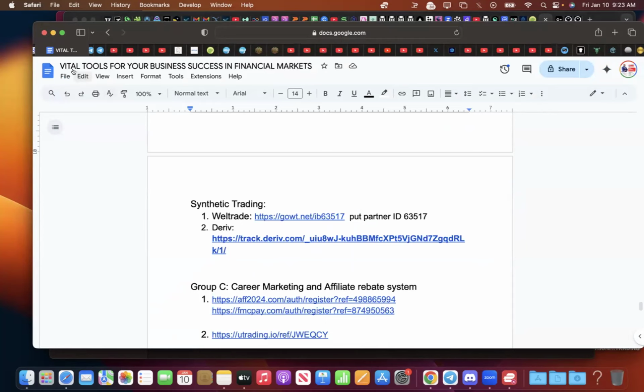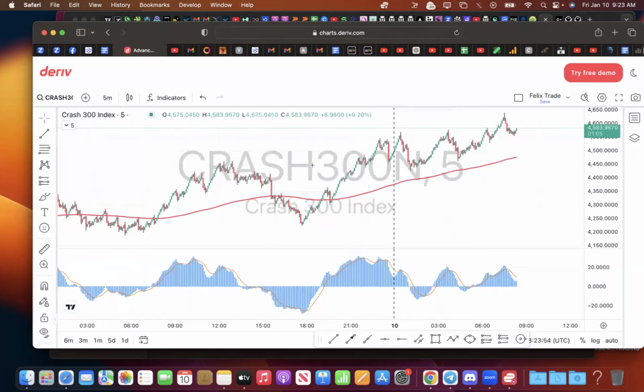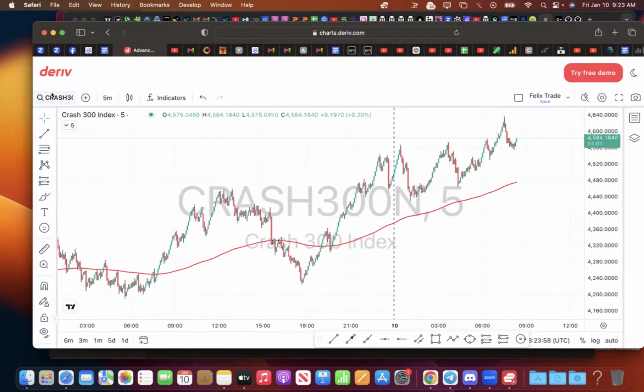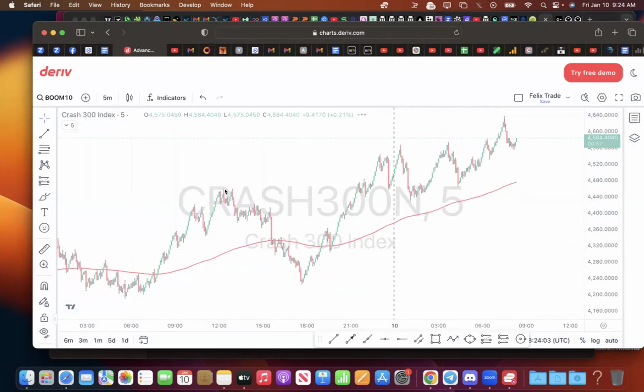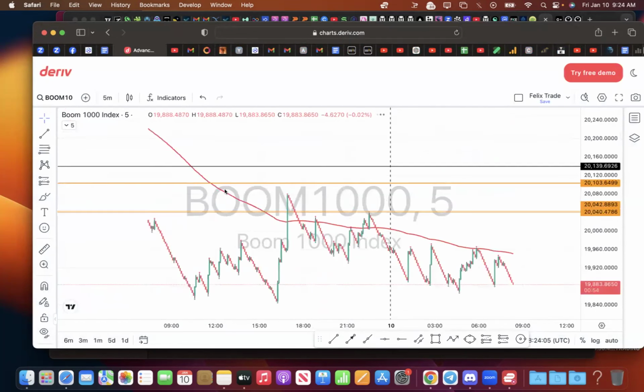So last is the synthetic derivative platform that I use in trading. There are a few instruments I trade there, and I trade more of Boom and Crash. The Boom I recommend most, and love more, is Boom 1000.